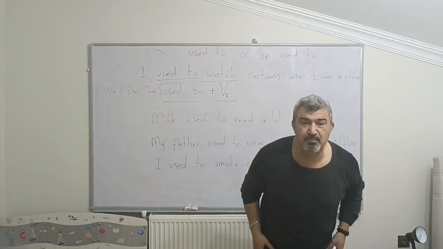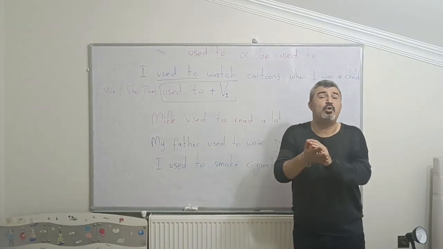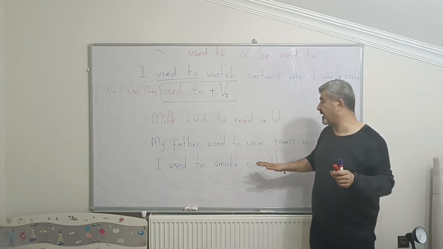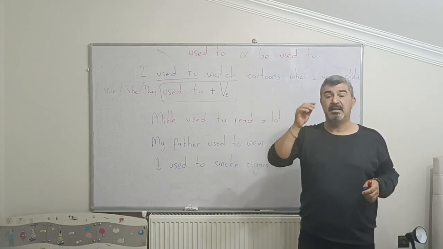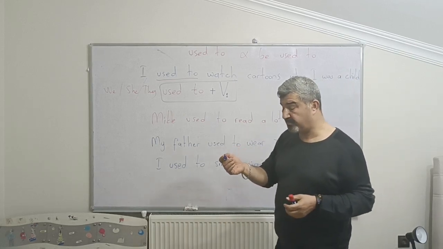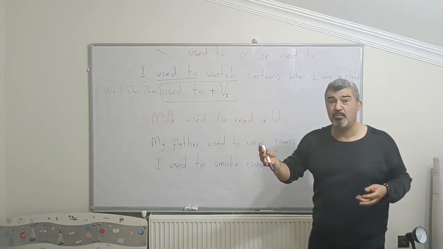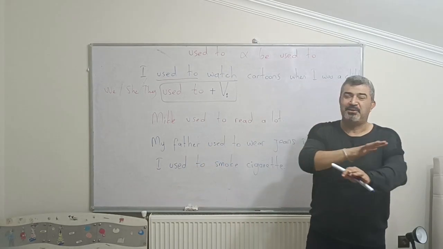I gave up smoking. I don't smoke anymore. So he understands and says, oh, sorry. He doesn't want you to smoke because he knows that you smoked in the past, but you don't smoke anymore.